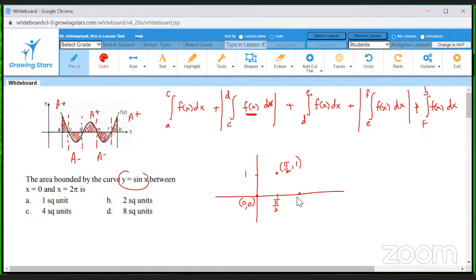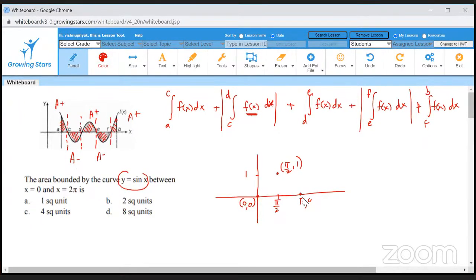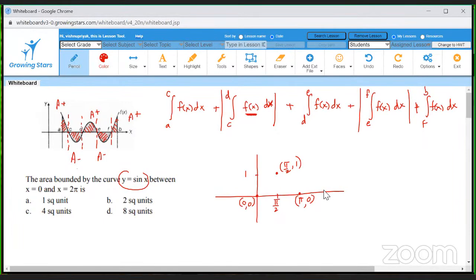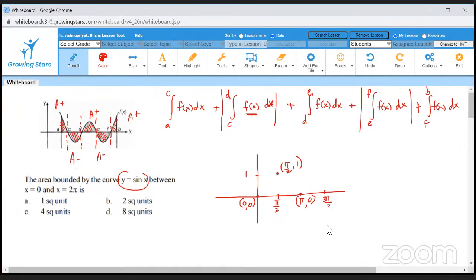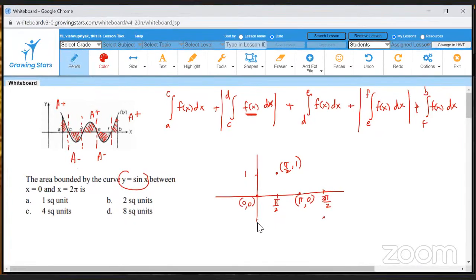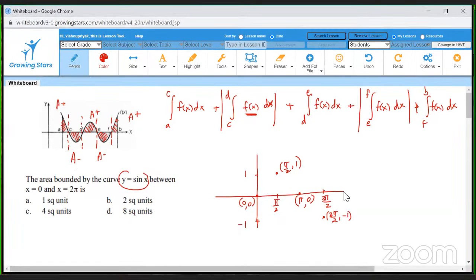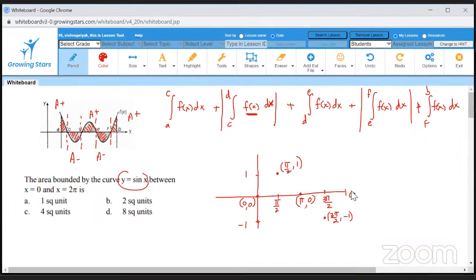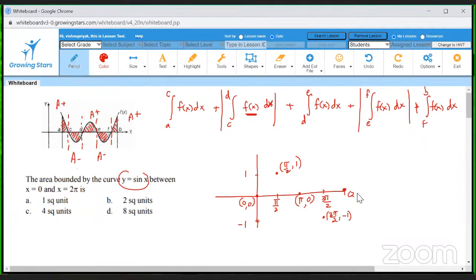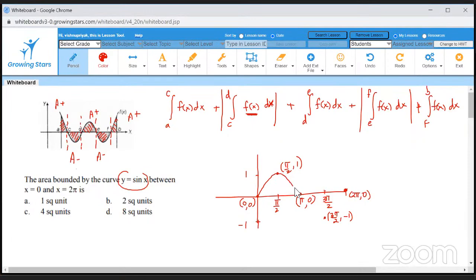When x is pi, y will be 0. When x is 3 pi by 2, y will be minus 1. When x is 2 pi, y will be 0. So the graph of sin x will be like this.